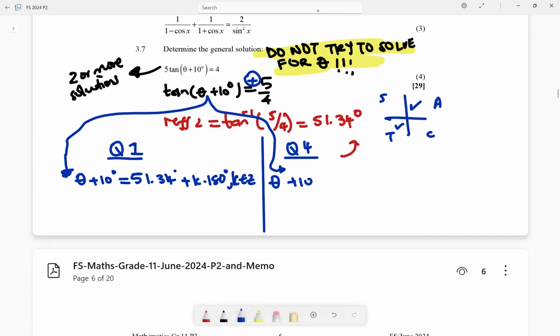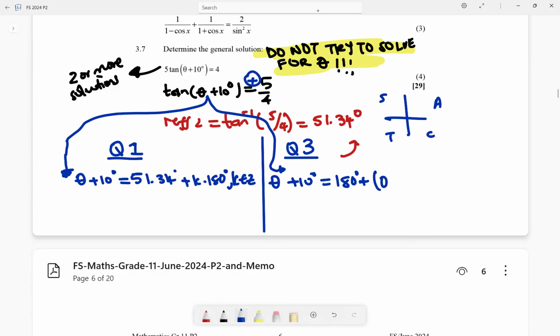Then also here, I also start with it. Theta plus 10 is equal to what? On quadrant 3, tan is positive. So in quadrant 3, we say 180 plus the reference angle.